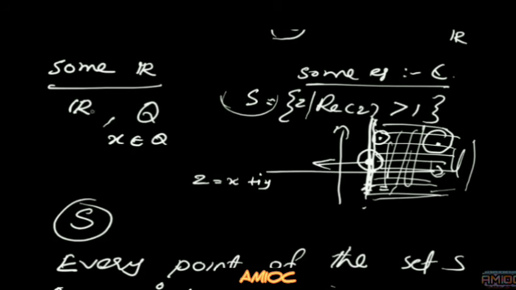If we consider the real case, R is an open set since every point of R is an interior point, and Q is not open since no point of Q is an interior point.